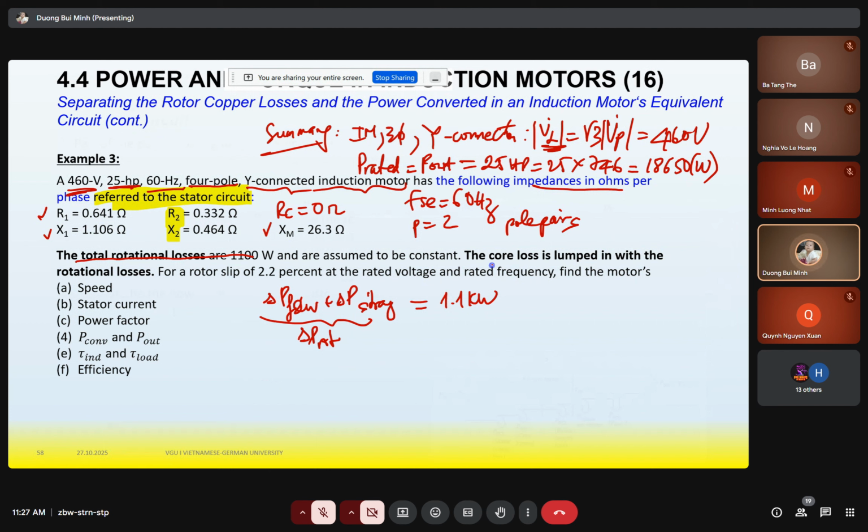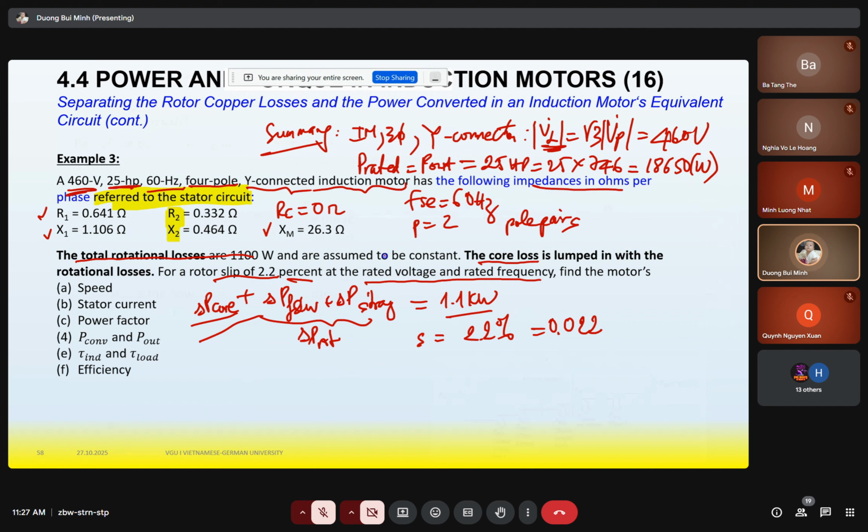Core losses are lumped in with the rotational loss, so here we have ΔP core losses, 1.1 kilowatt. We have the slip, so the slip is 2.2%, meaning 0.022, at the rated voltage and the rated frequency.